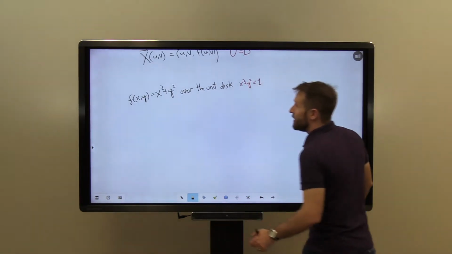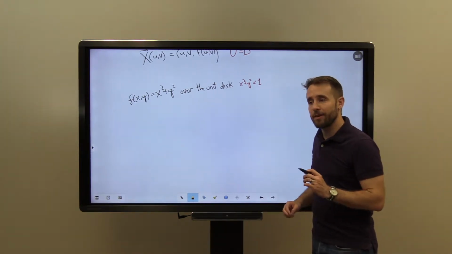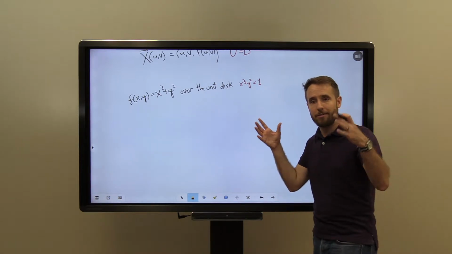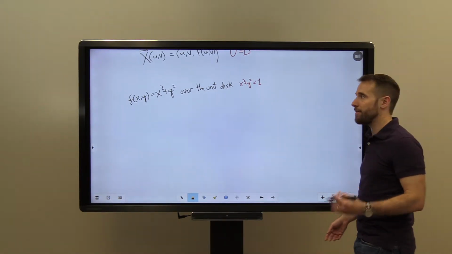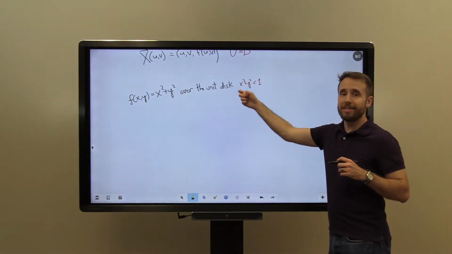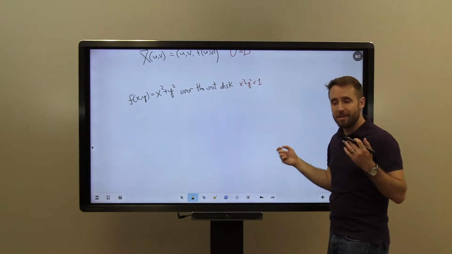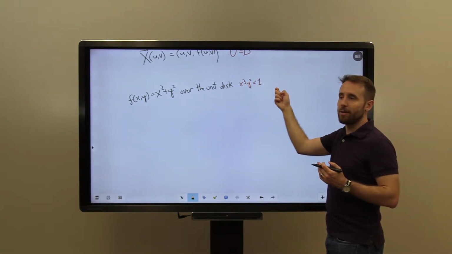As an example, let's take a look at the function f of x comma y equals x squared plus y squared. This gives us our paraboloid, our surface that looks like a three-dimensional version of a parabola. This is a paraboloid that we can graph over the unit disk, which we can consider to be the set of all points x comma y where x squared plus y squared is less than 1.